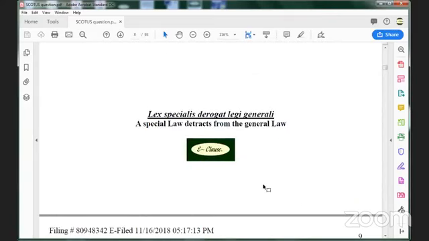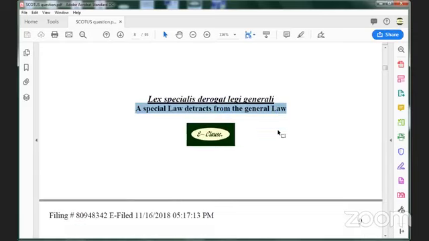Let's see here. Here was another, going back to ASFA. That is a special law, correct? Well, a special law detracts from the general law. So if we wanted to assign a legal maxim to something like that, a legal maxim like this one is applicable here.